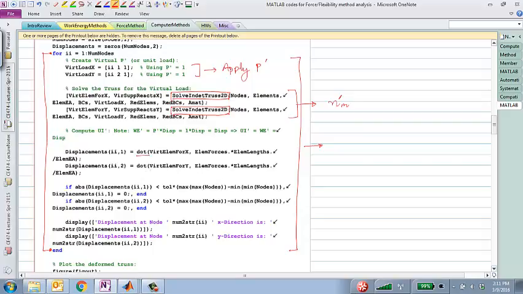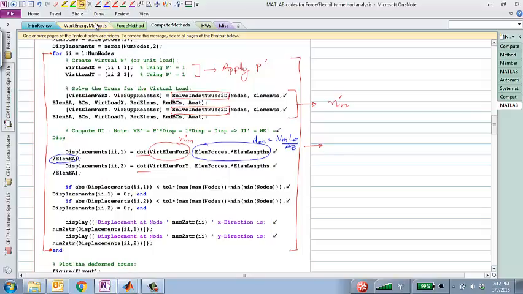Then this dot product is taking the virtual element forces nm and multiplying it with the real displacements dm, which are nothing but actual forces times lm divided by ae.